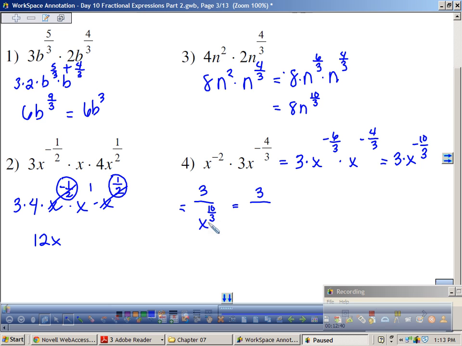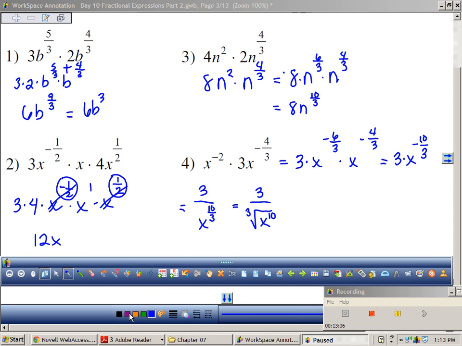This is, what's my index? 3. And I've got x to the 10th, correct? How many more x's do I need to get that x out of there? Good. Those of you who said 2 did your homework, right? Because that was your homework last night.